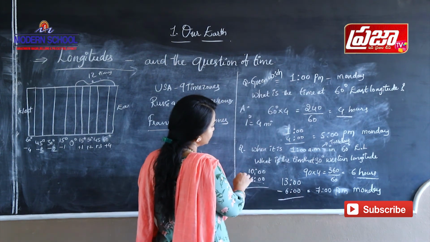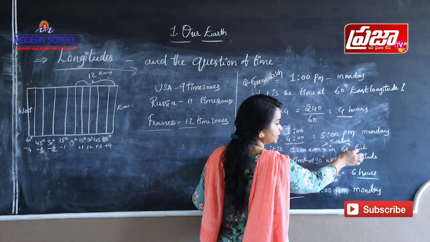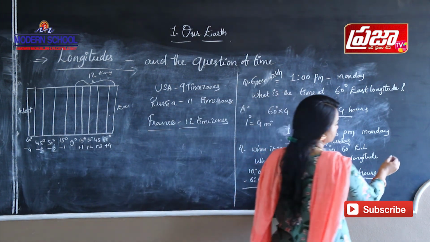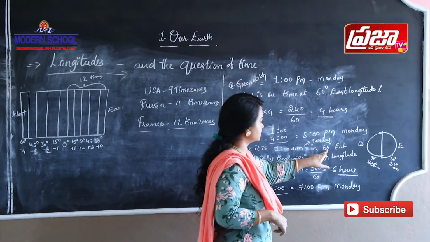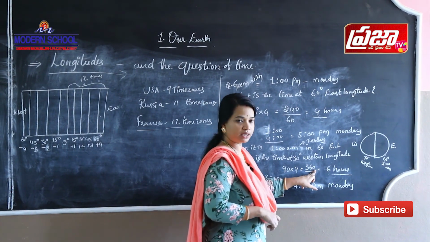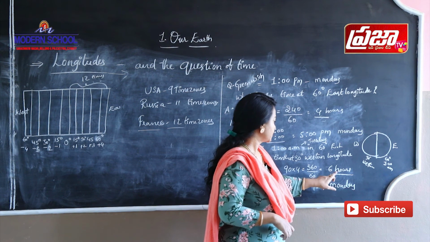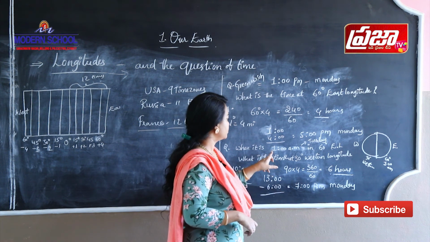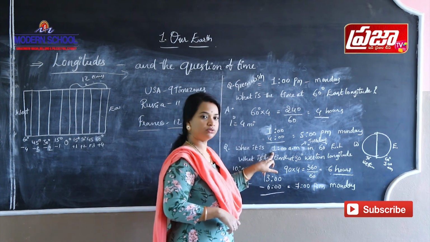And one more problem we will see. When it is 1 a.m. Tuesday at 60 degrees eastern longitude, what is the time at 30 degrees western longitude? See, observe here: 60 plus 30 you will get 90, multiply it with 4 you will get 360 minutes, divide it by 60 minutes you will get 6 hours. So this we have to subtract from 1 a.m. Convert it into the 24-hour clock, because here we have the time in the 12-hour clock.